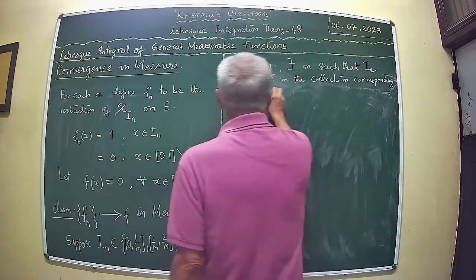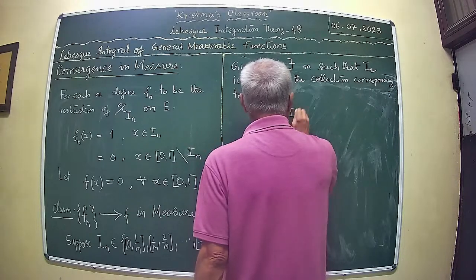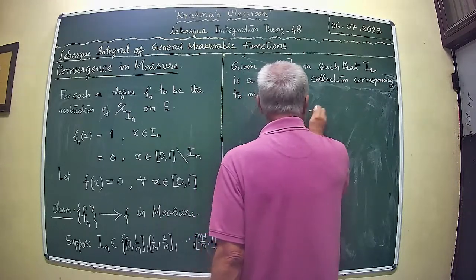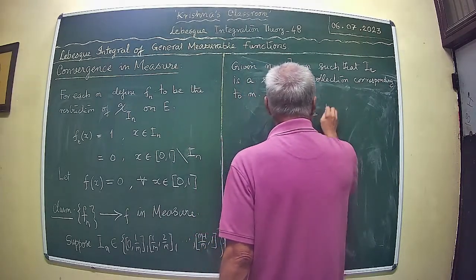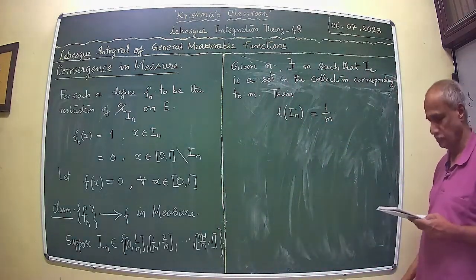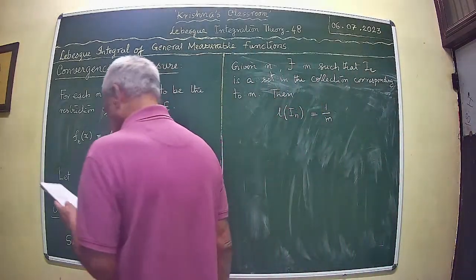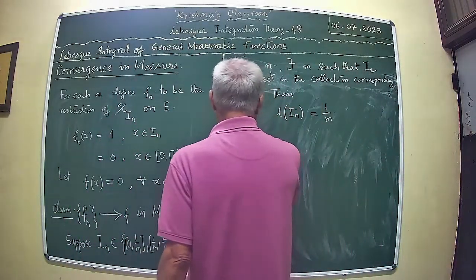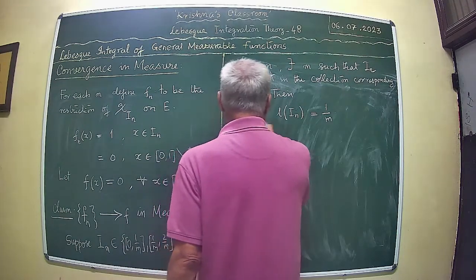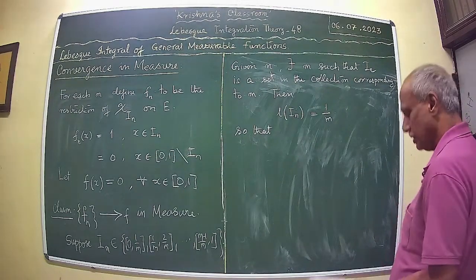Then what you have is length of IN is going to be equal to 1 by m, so that as n goes to infinity, m also goes to infinity.